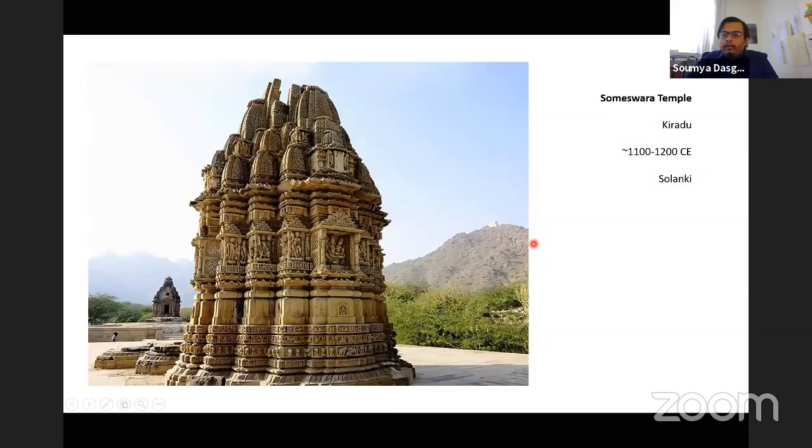Then we look at the Someswara temple in Kiradu. This is from the Solanki dynasty, who are also identified as the Chalukya dynasty, and this is in Rajasthan. This is a dilapidated structure, but you can see that the Nagara style shikhara has this particular character of repeating itself.